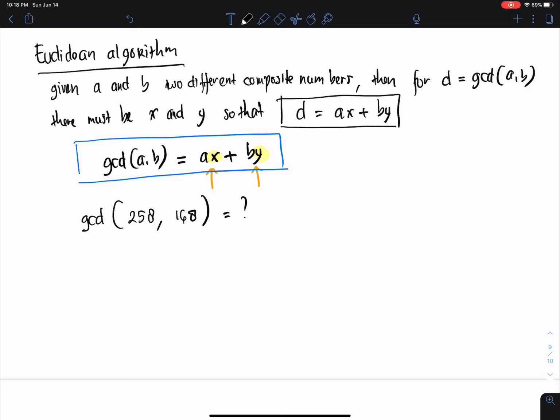So what we need to do is look at which one is the highest number between the two numbers. In this case, we have 258 and 168, so the highest number is definitely 258.